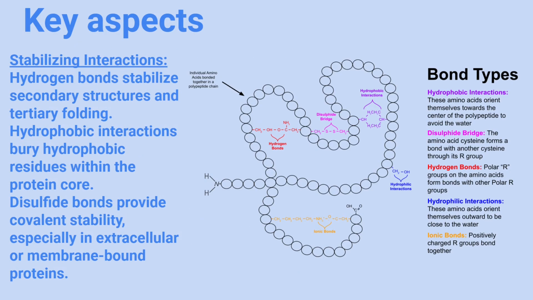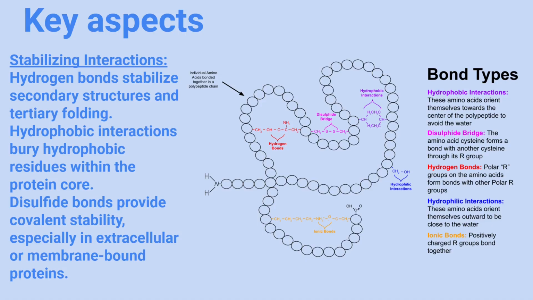Stabilizing interactions are also important. In fact, protein tertiary structure is stabilized by a combination of non-covalent interactions and, in some cases, covalent bonds. Hydrogen bonds form between polar or charged amino acid side chains, contributing to the stability of secondary structures and tertiary folding patterns.